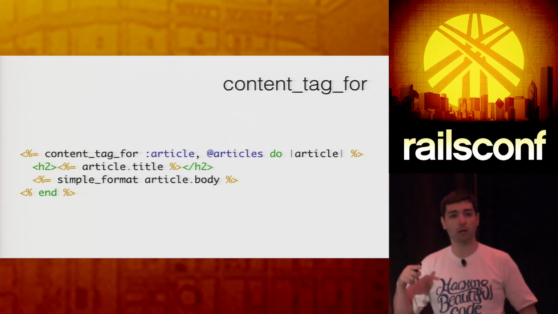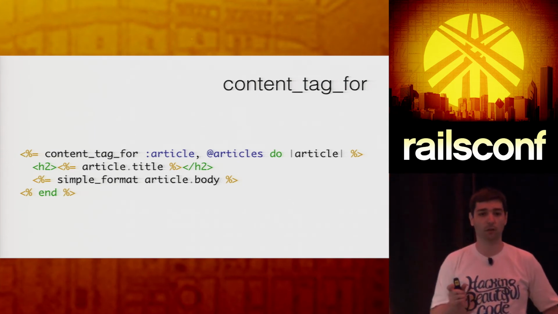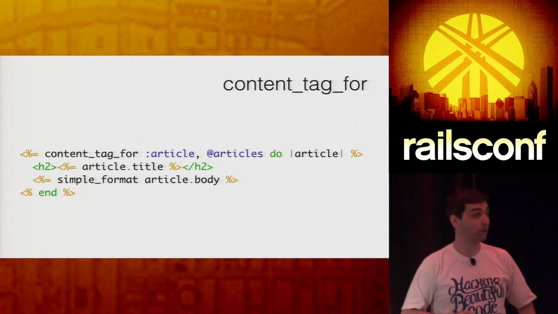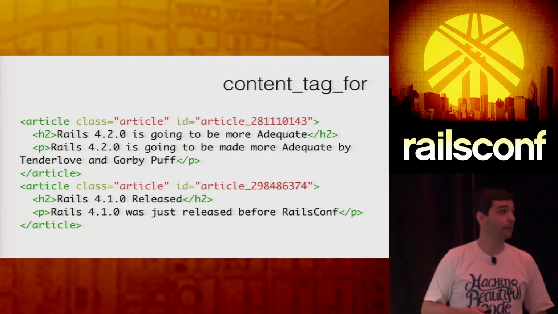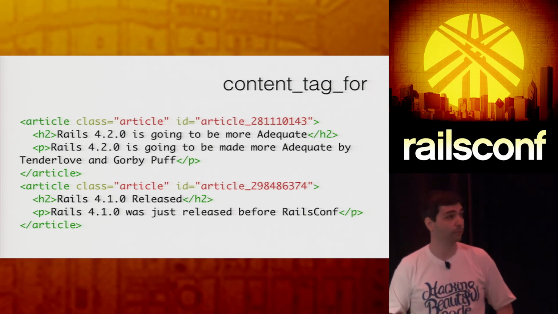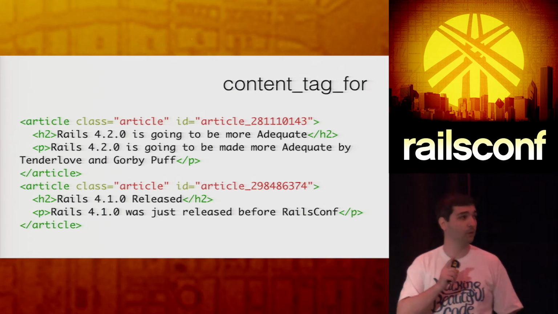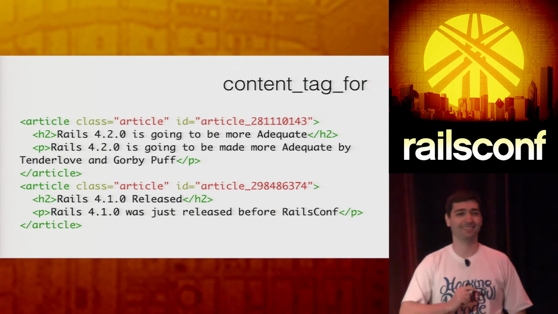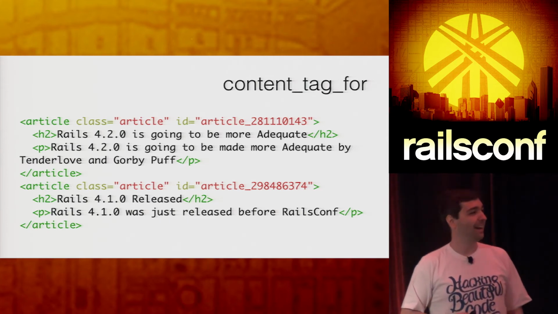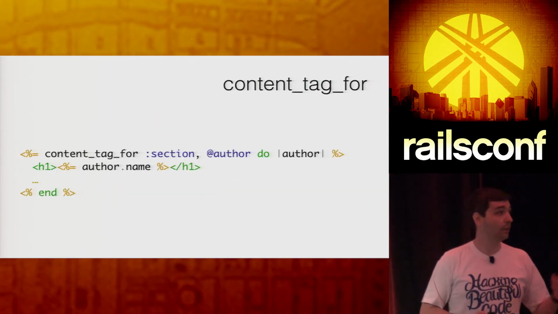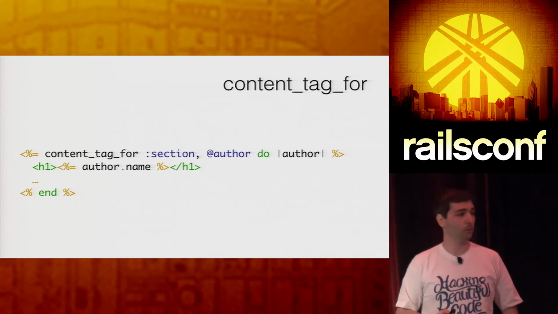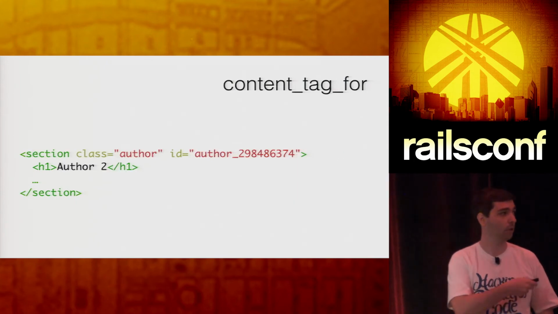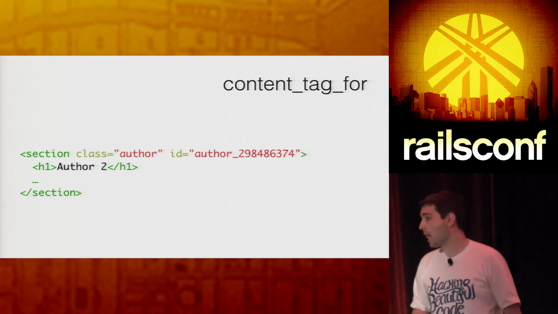Right, and you can pass in a block, and then it's going to receive the article object, so you can generate content for that. So in this case, it's going to generate a list of articles like this for 2 articles, for example. And remember, Rails 4.2 is going to be more. Right. Okay, and you can use content_tag_for a single model too. It works the same way. It's going to output something like that. Right.